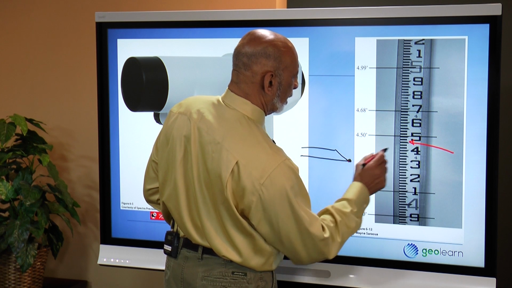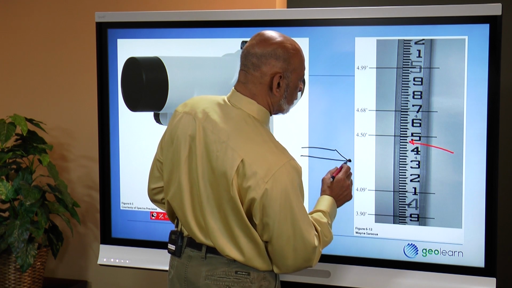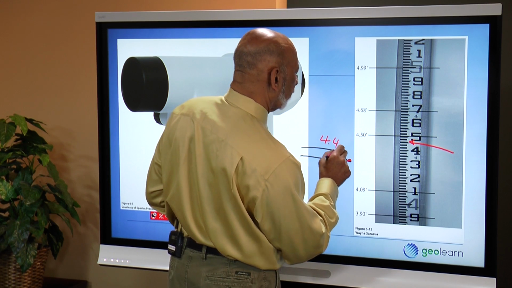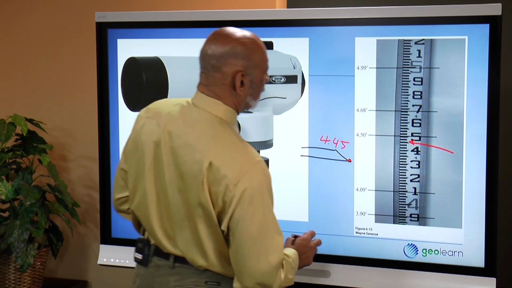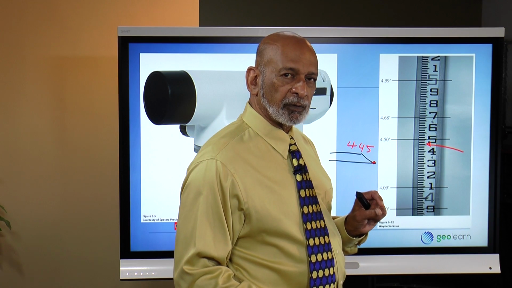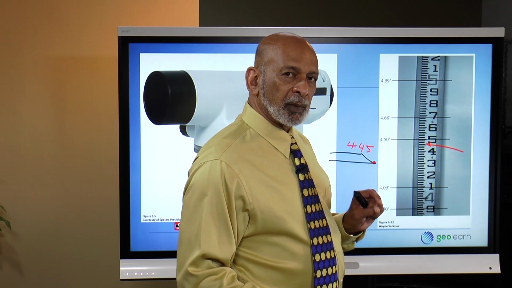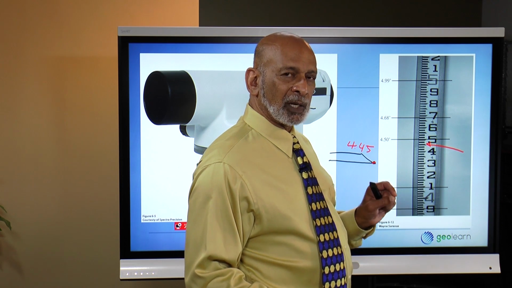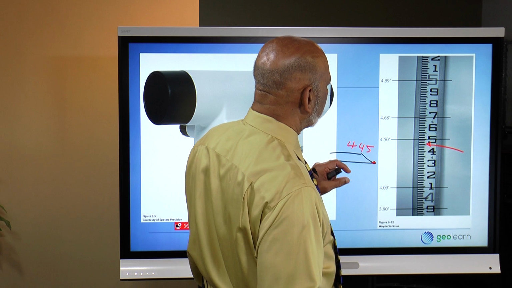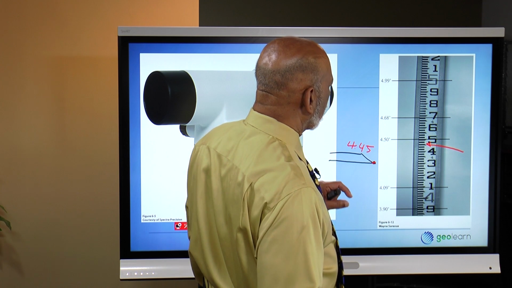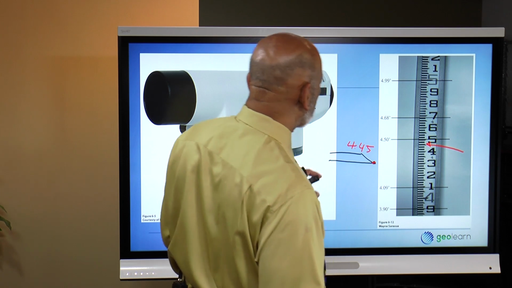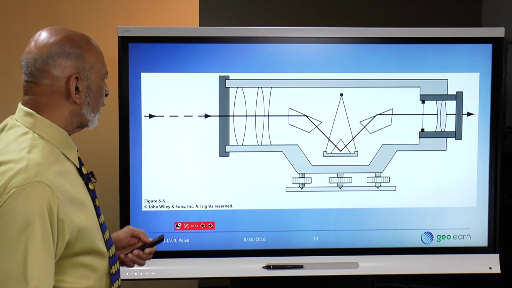So this would be that graduation where my arrow is pointing at the bottom edge of the mark would be 4.45. So the interesting thing about the way this rod is graduated is that the black bars are exactly 1/100th of a foot in width, but so is the spacing. So you actually read where your crosshair strikes the level rod at the bottom or the top of the black bars. So that's something you need to study and get familiar with.